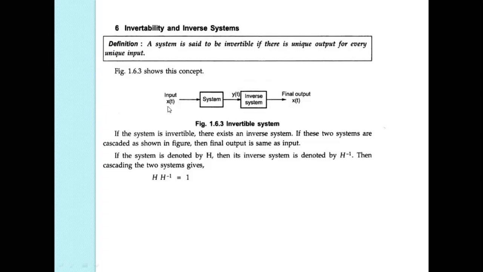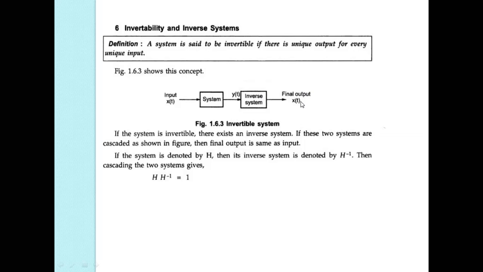The concept here: the input I am taking is the continuous time signal x of t, given to the system, getting the response y of t. And this y of t is now the input to the inverse system. Finally, again, it is x of t.